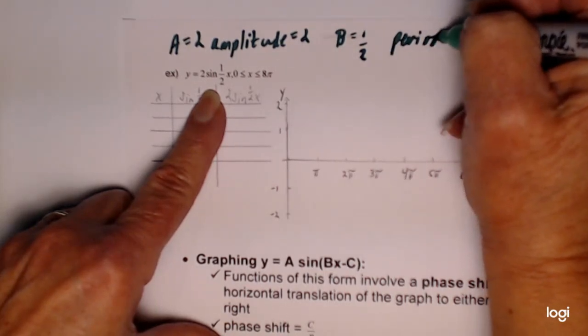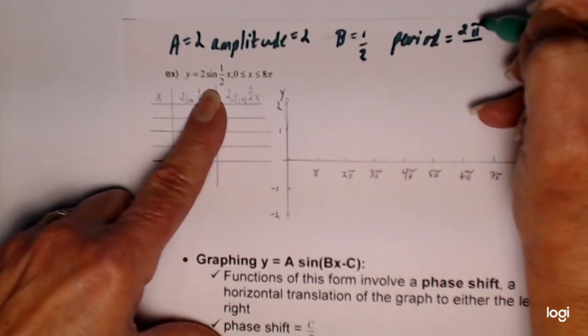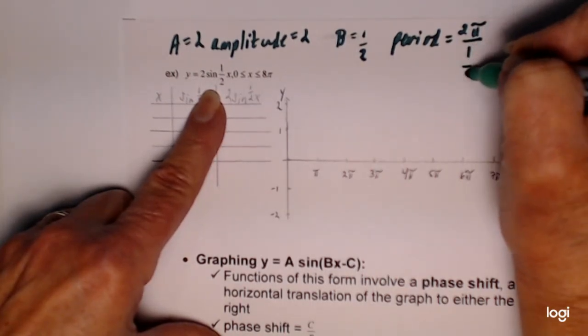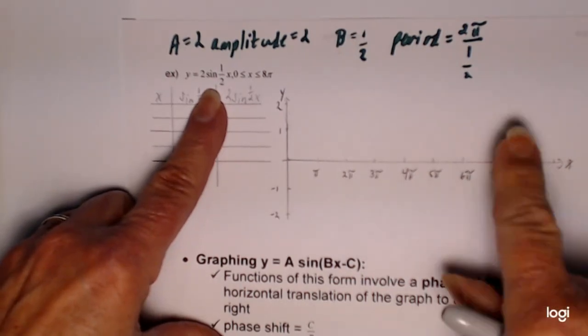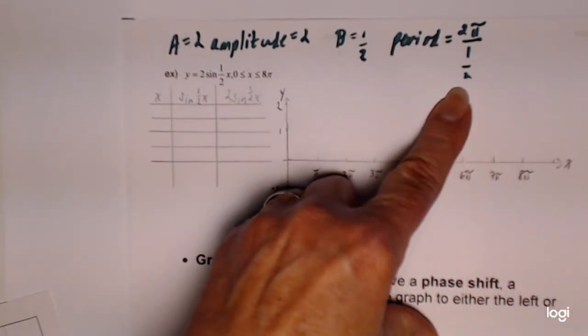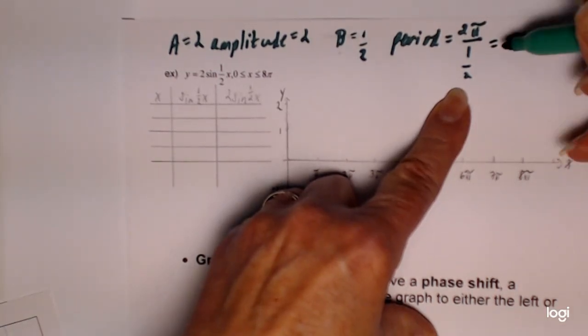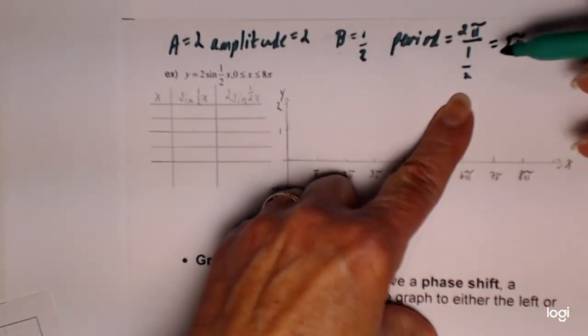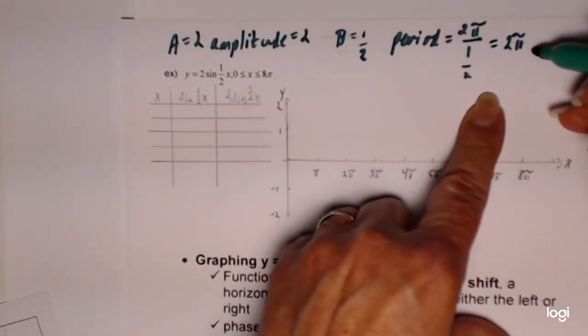So period is equal to 2 pi over B. And in this case, our B is 1/2. So we have to divide 2 pi by 1/2. So if we unpack this into a division, 2 pi divided by 1/2 is the same as 2 pi multiplied by 2.